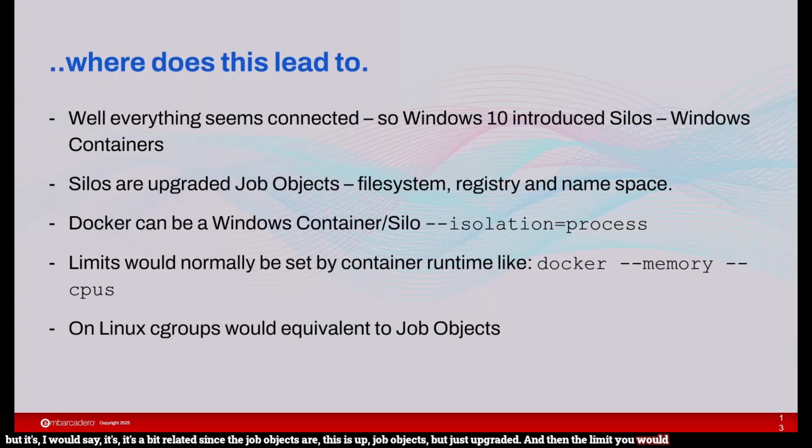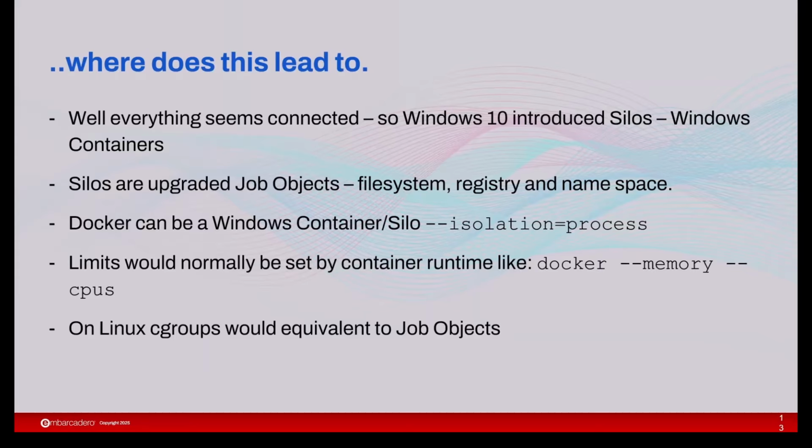The limit you would normally set through the container runtime, which could be Docker, with different parameters. You would expect something like this also in the Linux world, and the equivalent would be cgroups or control groups.